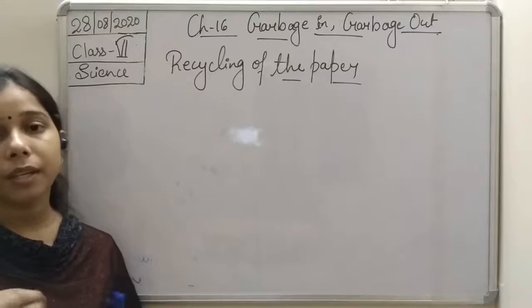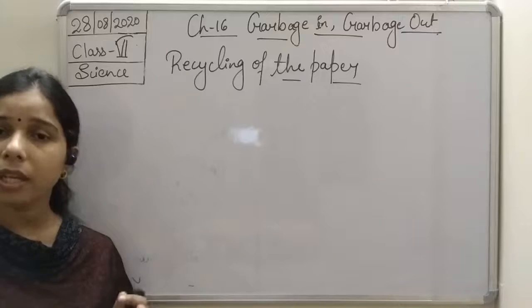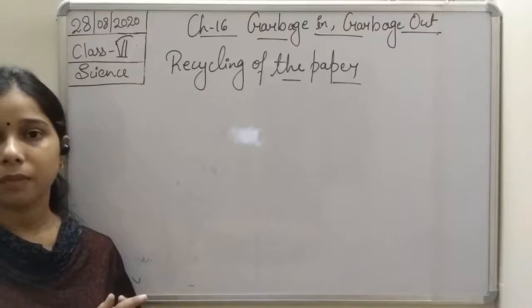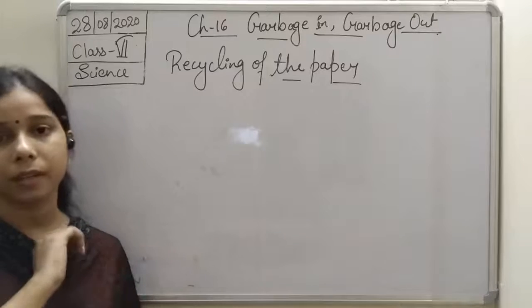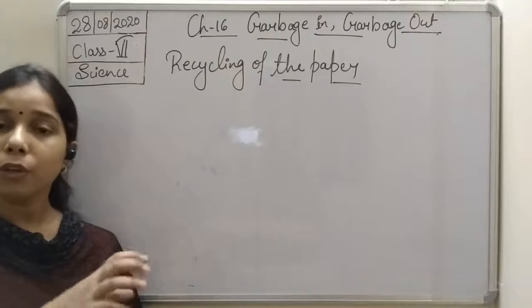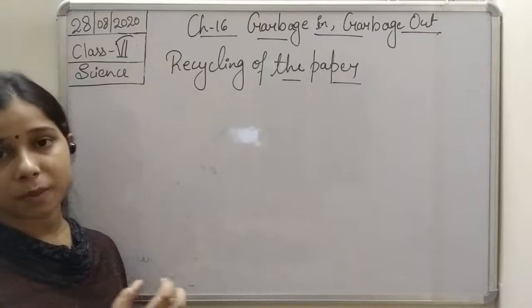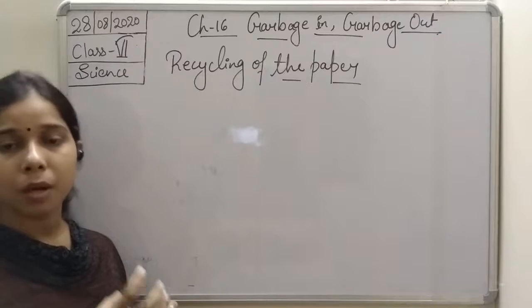Okay, when you tear it, it is converted into small pieces. You take those small pieces of paper and keep them in a tub. Then, after keeping them in a tub, you will pour water in the tub. Okay, when you pour water in it, the paper which is present in it will be submerged in the water and will become wet.